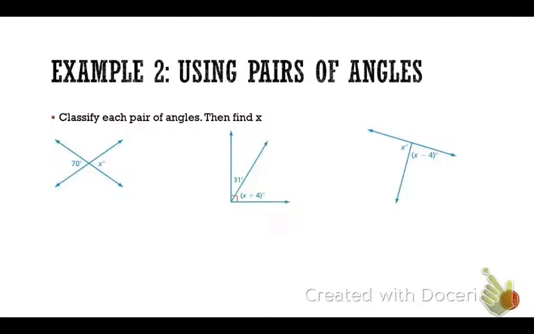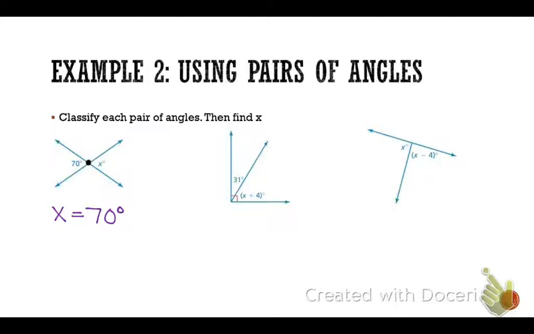They share a vertex. Okay, so do they both share the same midpoint? Yes. And their measures are equal. So if one side is 70, x equals 70. There's no work to show at all. Okay? Then x equals 70.